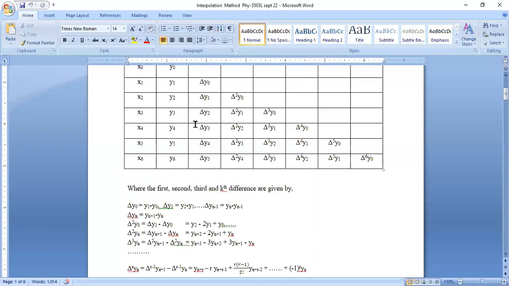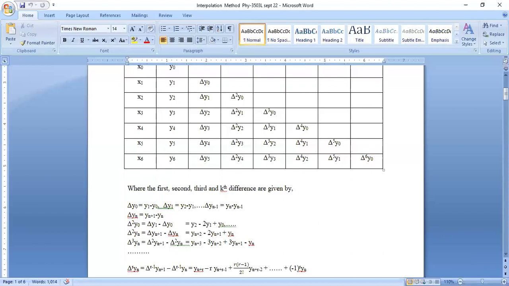If you substitute the values, you will get y2 minus 2y1 plus y0. I hope you can understand this step. Once you understand this difference table, similarly you can find del square yn, del cube yn, where n runs from 0, 1, 2, 3, 4, 5, 6, and so on.